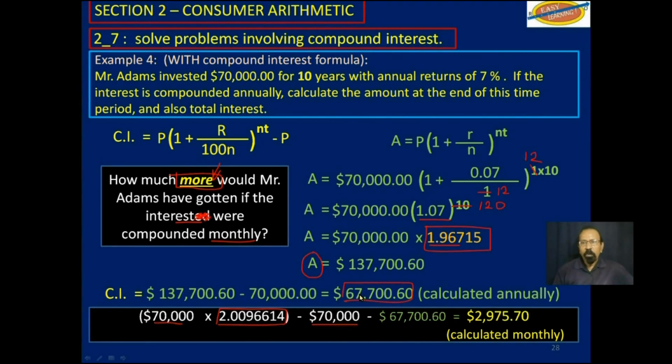And so this is the interest he would have earned calculated annually. So when you calculate it, the difference you get is $2,975.70 when the interest is compounded on a monthly basis.